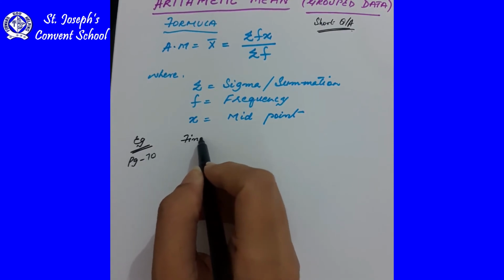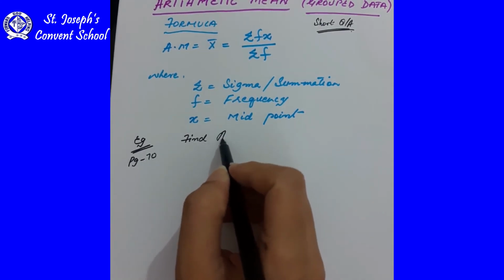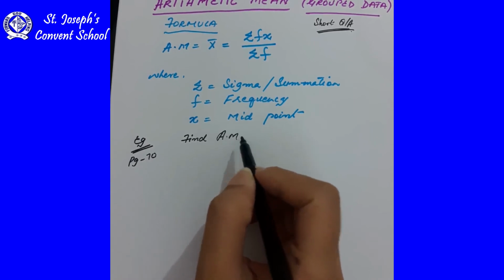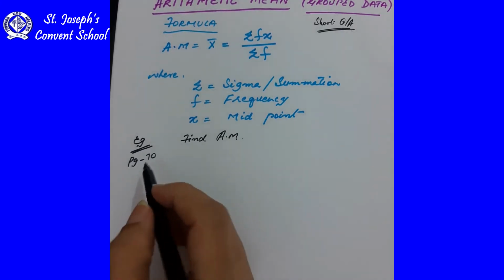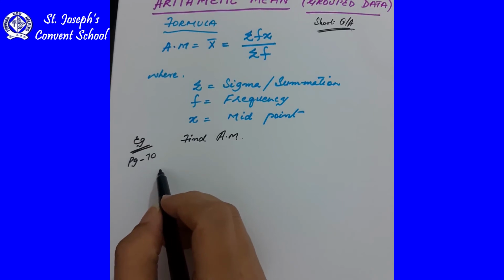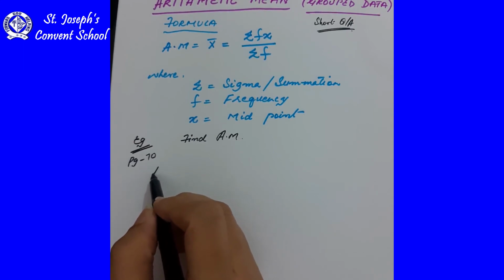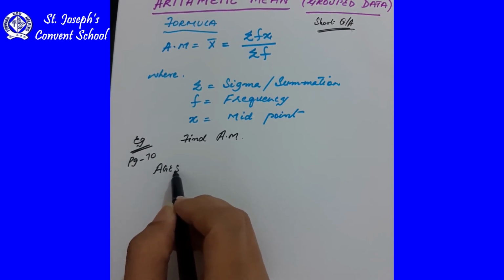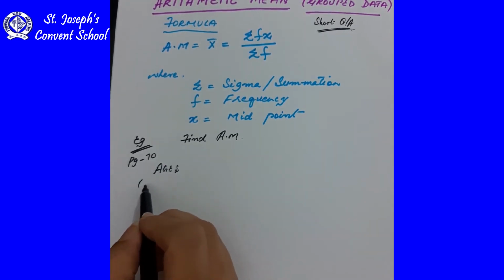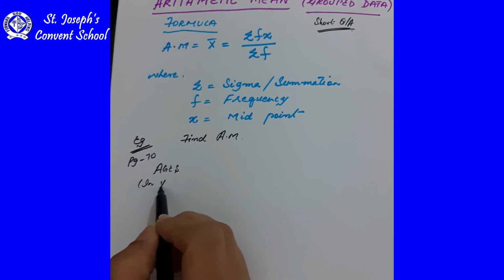So I'm just writing this, find arithmetic mean. The remaining question you can copy from page 70. Now you have to find arithmetic mean of these columns. You can see columns are given in the question. First column is ages, and these ages are in years.